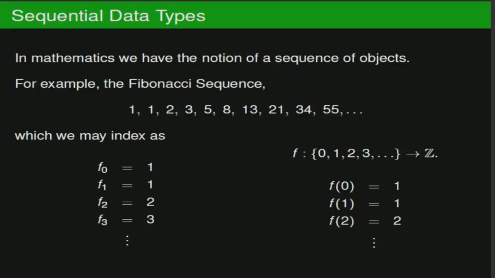When we define a sequence in mathematics, we're really just talking about a function from either the set of positive integers or the set of positive integers including 0, into some range of numbers that we are interested in.